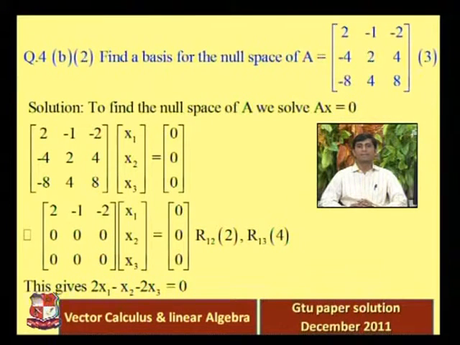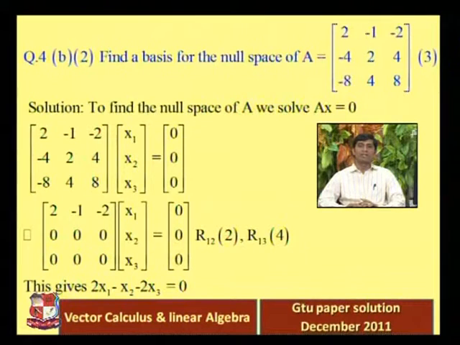So to find the null space of A, we solve this linear system of equations Ax = 0. That is 2 -1 -2, -4 2 4, -8 4 8 times x1 x2 x3 equals 0 0 0. Now to solve this linear system, again we convert this matrix into row echelon form.